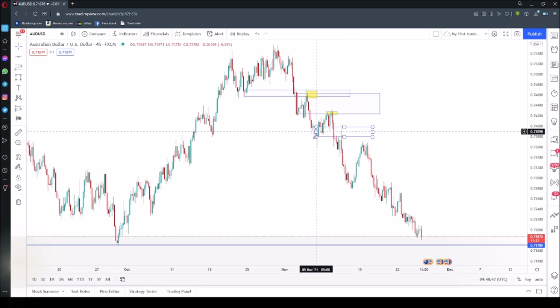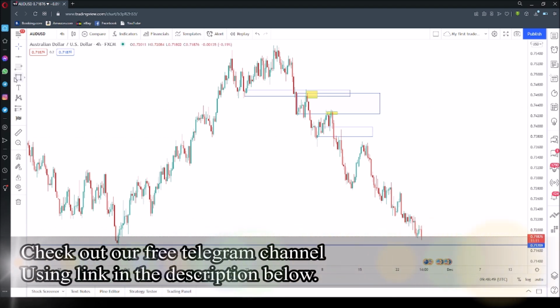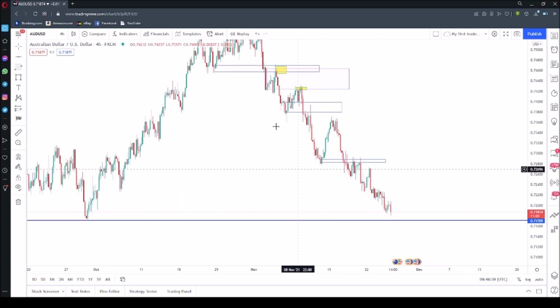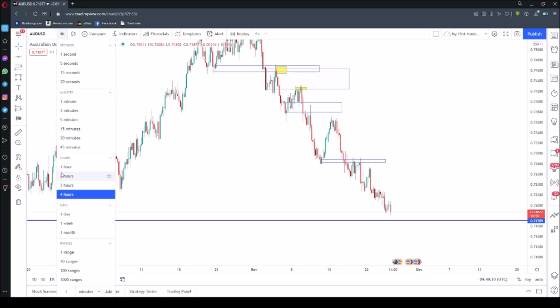So this was another order block on the H4 time frame. Another one here, the last candlestick. So what we are now interested in is to see how the market behaved when it got into these two order blocks. So we now go to the H1 time frame.